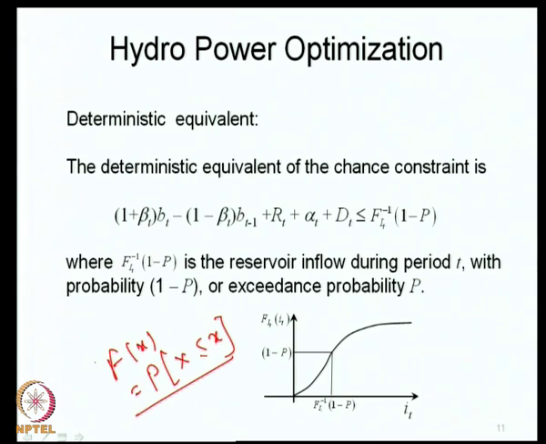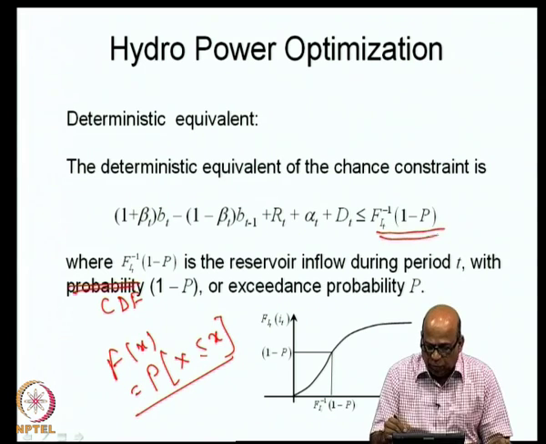So, this is what you interpret from here. With the CDF, we will say CDF of 1 minus P. So, corresponding to the CDF of 1 minus P, that is the inflow value. All right. So, we know from the distribution of I t, we know this value, because P is specified, you go to the distribution and get the F I t inverse 1 minus P.